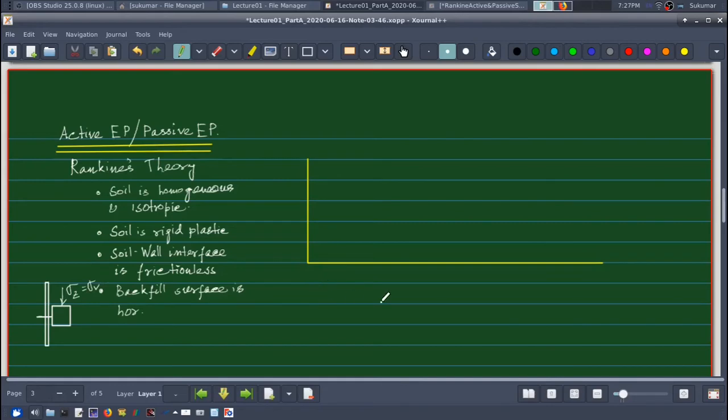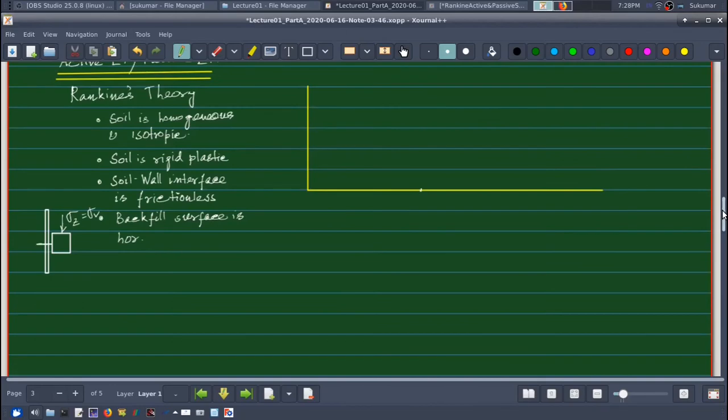Now if I draw a Mohr circle for that condition, initially the soil will be at rest condition, no lateral strain. Say this is my value of sigma v in some scale, then my sigma h will be K naught times sigma v, right?